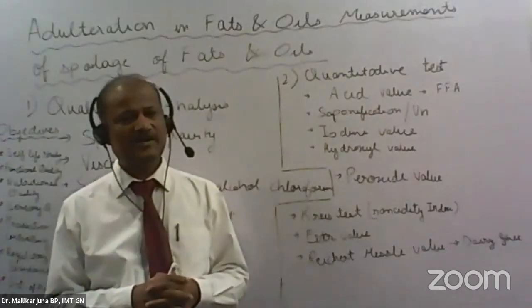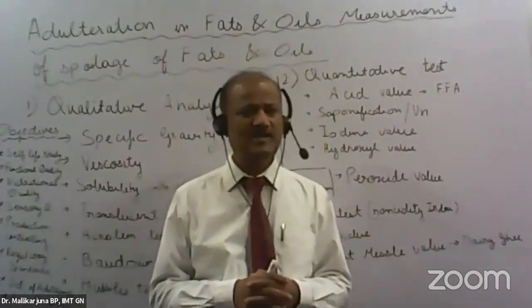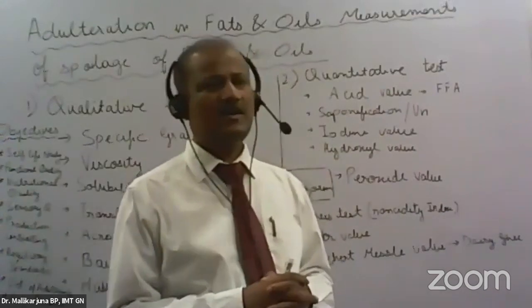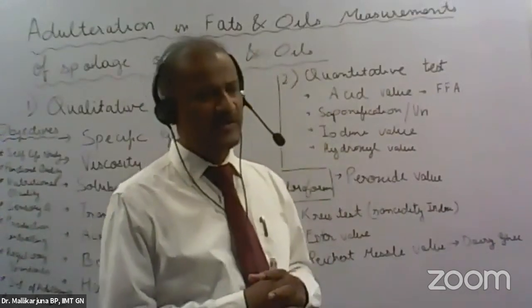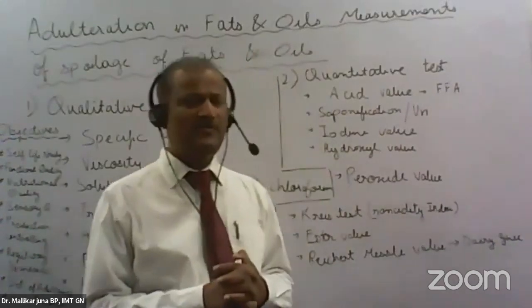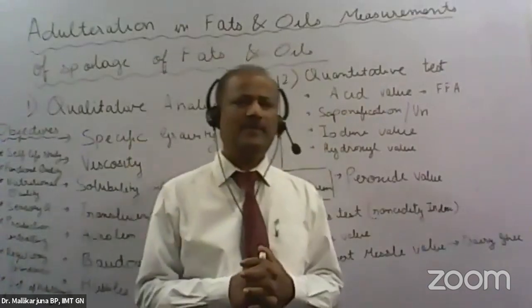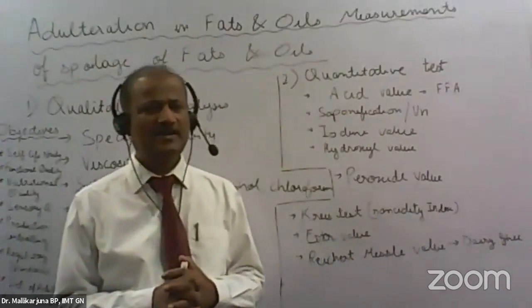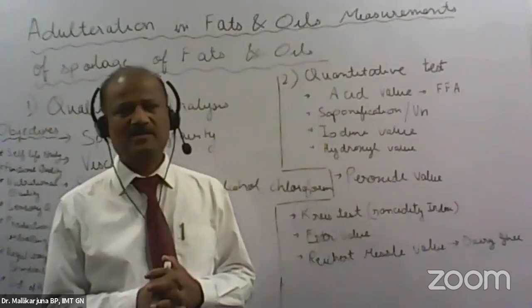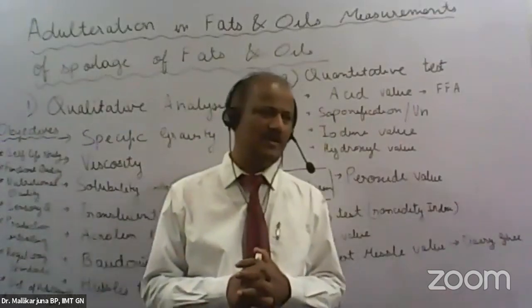So that indicates this impurity is present in the given oil and fat. These are the ways by which we can find the adulterants in the oils and fats we are consuming in our daily life.